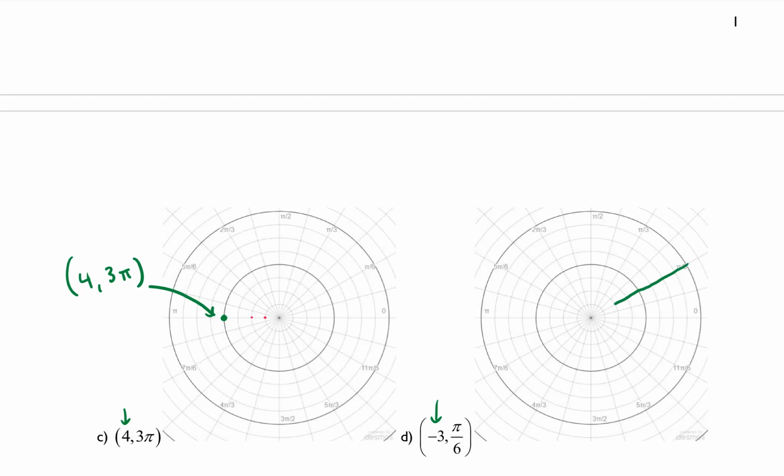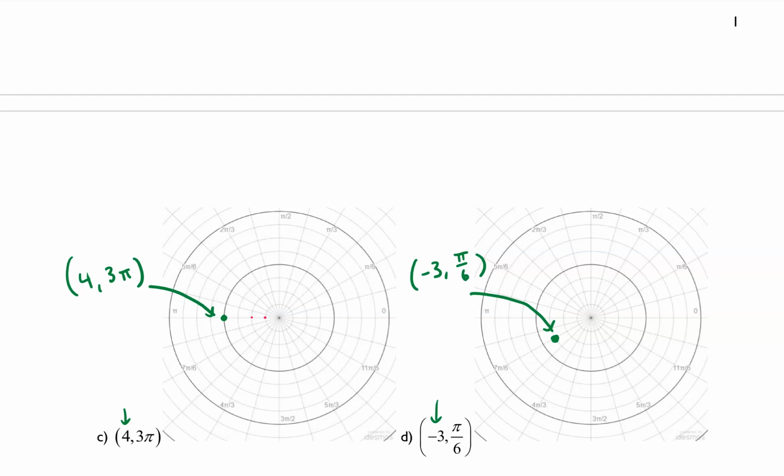So pi over 6, and then 7 pi over 6 would be on the other side. And if I'm starting at the origin, I want to go out 1, 2, 3. So I'm going to erase all of that. So this is 3 units out. And that point there is negative 3 comma pi over 6.